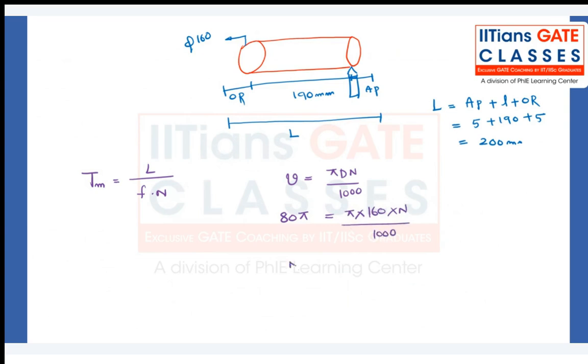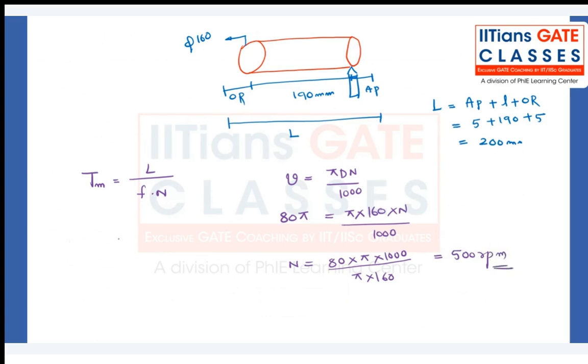If we solve this, N equals 80 into pi into 1000 divided by pi into 160. Why multiply by 1000? Because it is given in meters, so I just converted into mm per minute. Pi will get cancelled, so it is going to be 500 rpm.